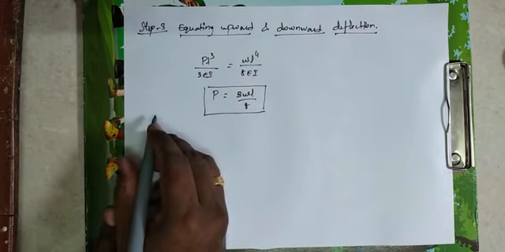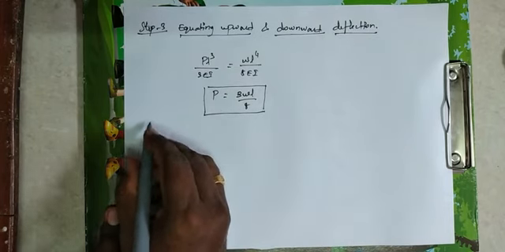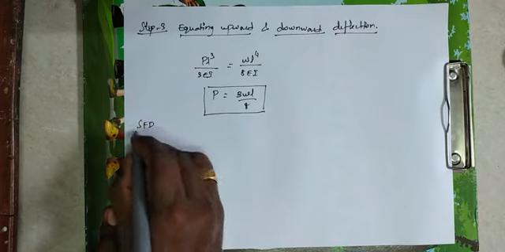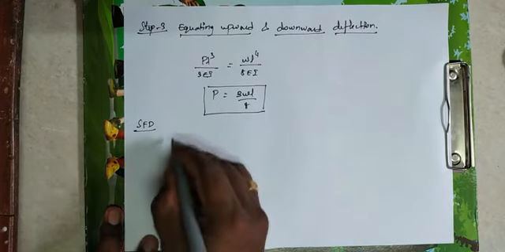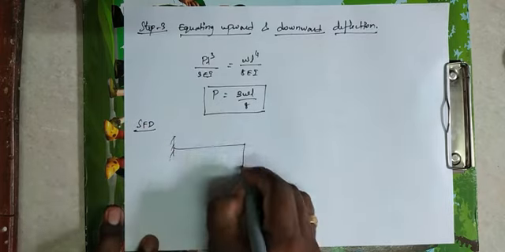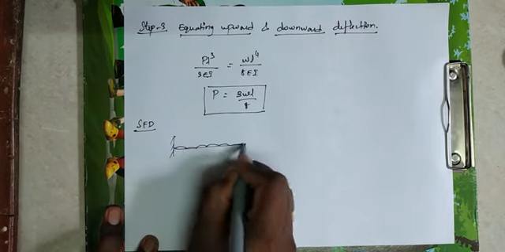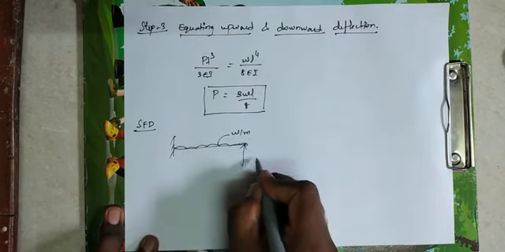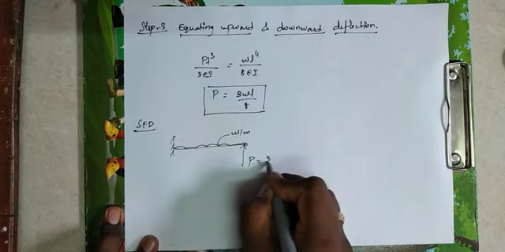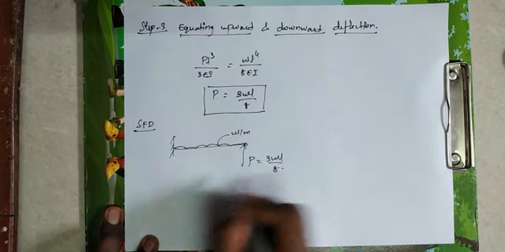Now, we are going to find the shear force values to draw the shear force diagram. Consider the given beam with UDL W per meter and prop reaction P, that is 3WL by 8.